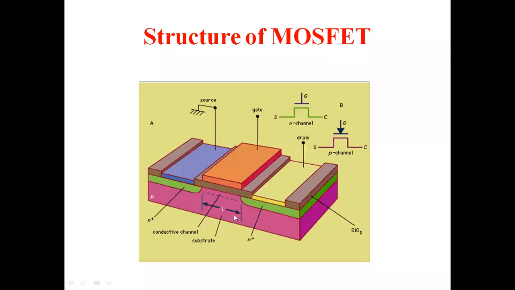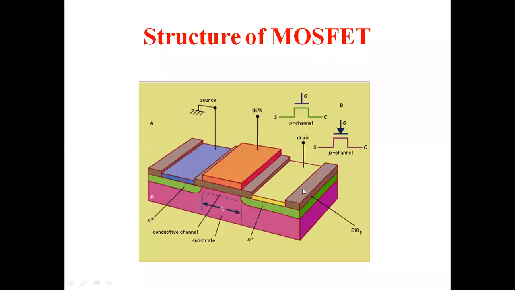On the P substrate, the moderately doped channel is there, and there are two highly diffused N plus regions. Between these two highly diffused regions, the channel exists. So this is the conductive channel, and this is the length of the channel.